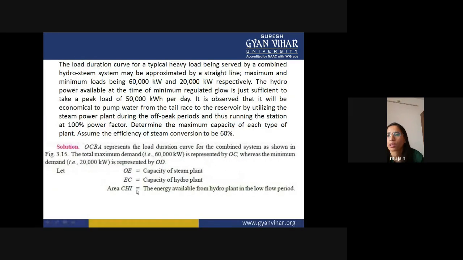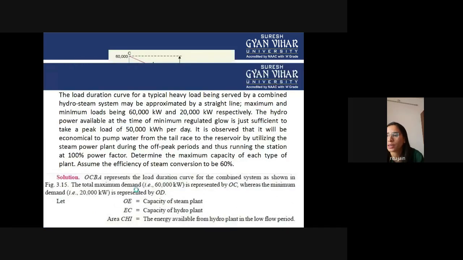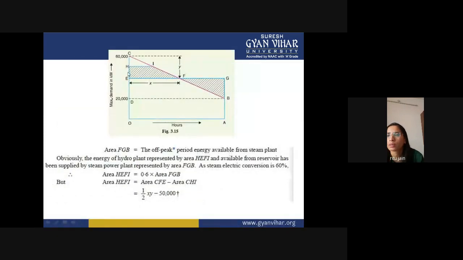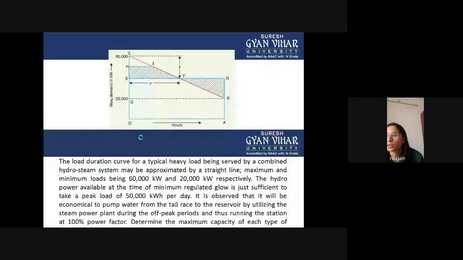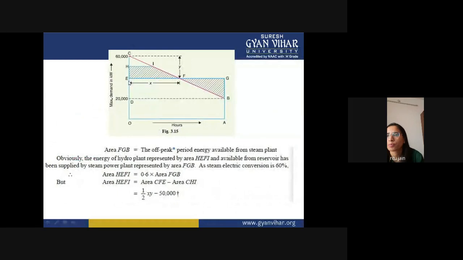Now, the capacity of a steam plant is OE. This is the capacity of a steam plant, and the capacity of your hydropower plant is your EC. This is the capacity of your steam plant, and this is the capacity of your hydro plant.